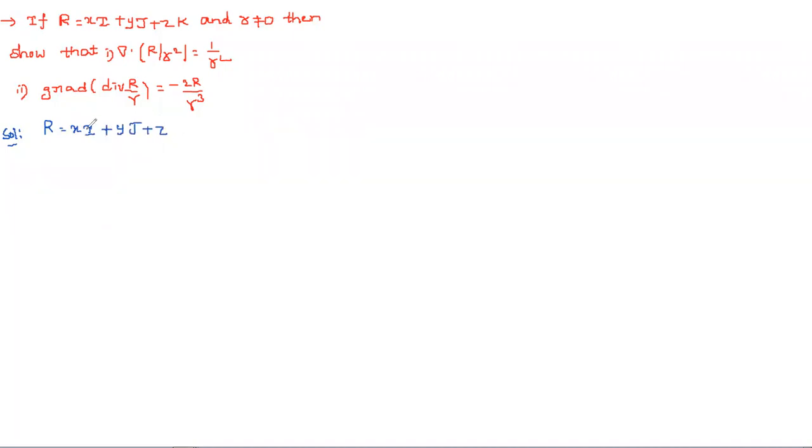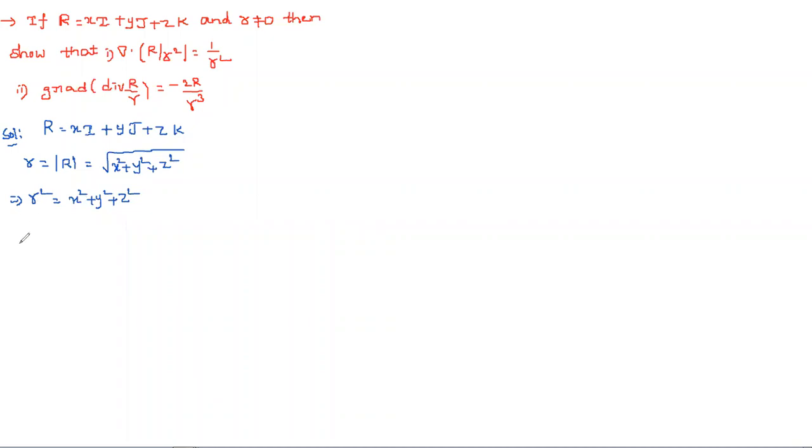And now the magnitude of this one is nothing but small r is equal to modulus of capital R, or simply you can write R bar. So this is equal to square root of x square plus y square plus z square. From this, squaring on both sides, we get R square is equal to x square plus y square plus z square.